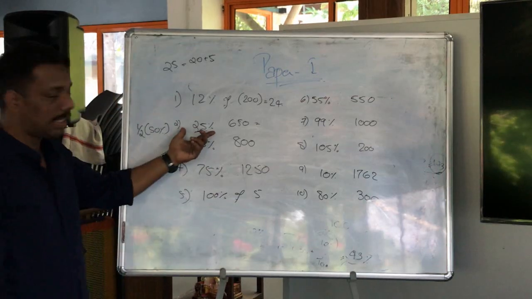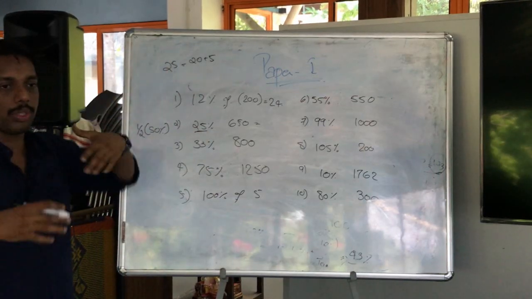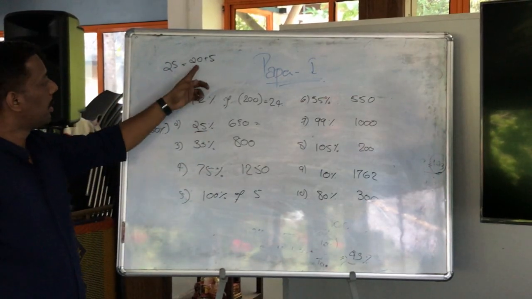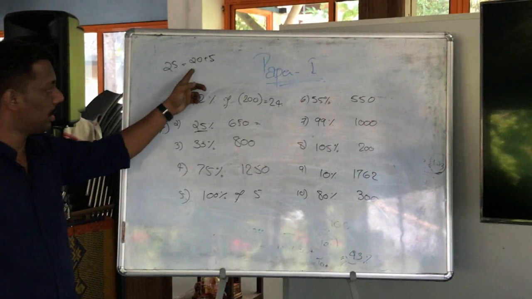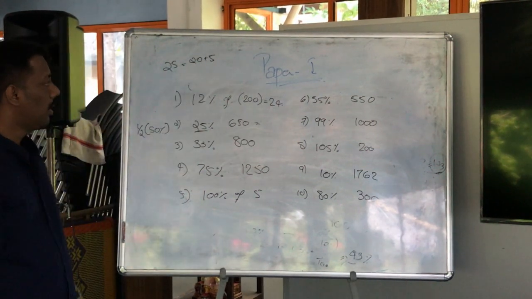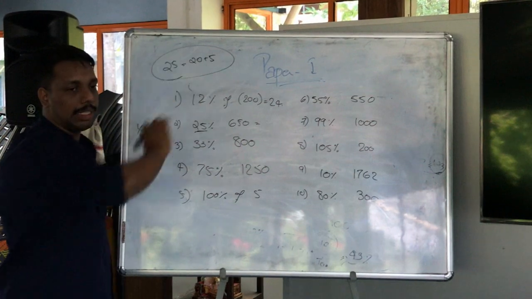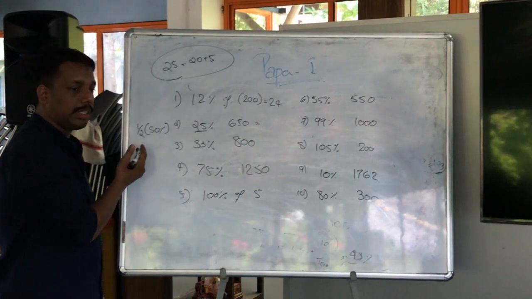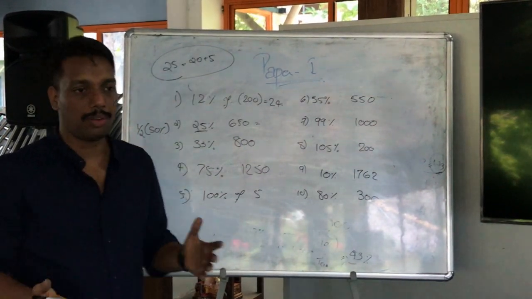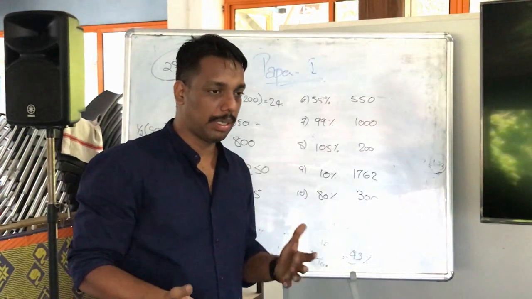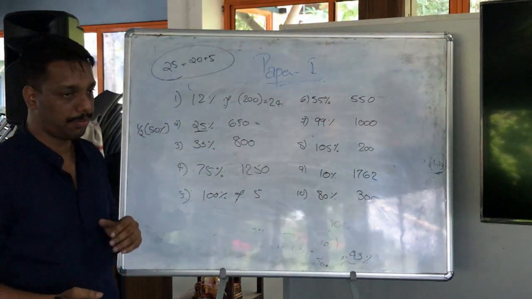You can also solve the same problem by dividing 25 as 20 plus 5, then find 20 percentage and again 5%. Instead of going in such a method, you can directly find 25 percentage of any number. How? 25 percentage of any number means half of half.